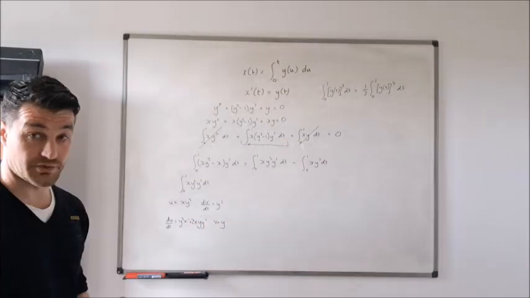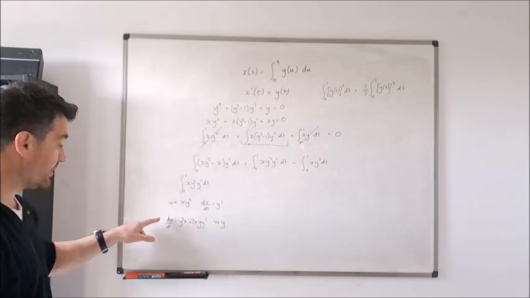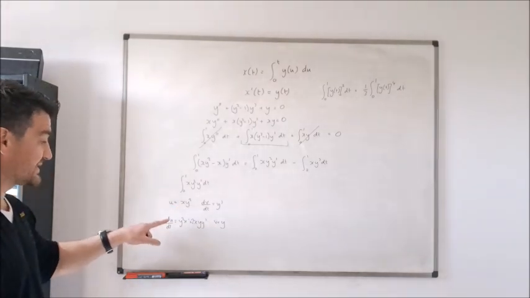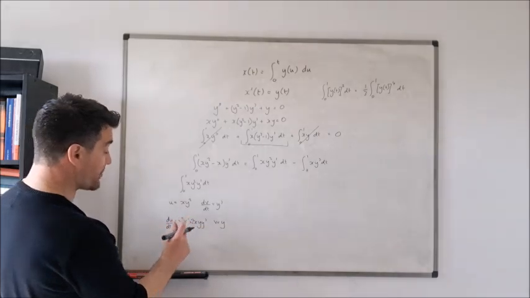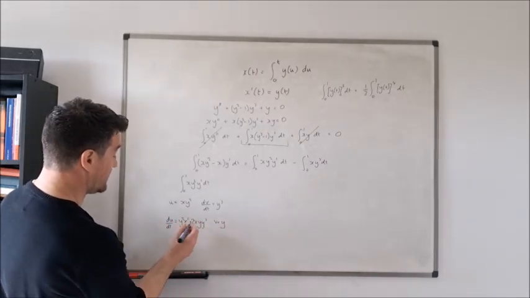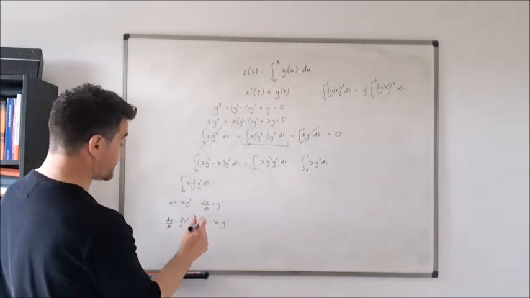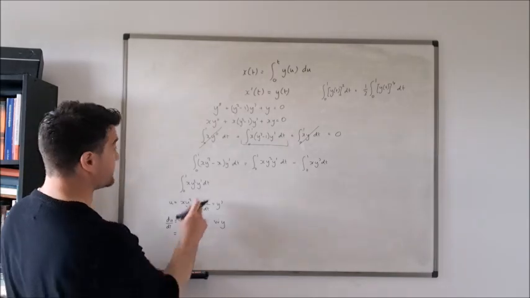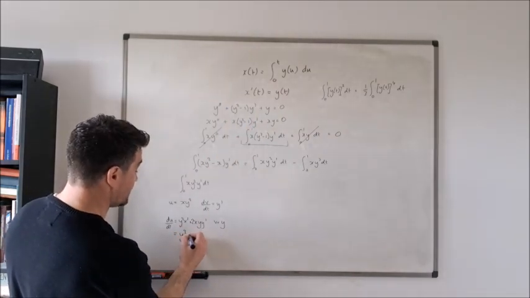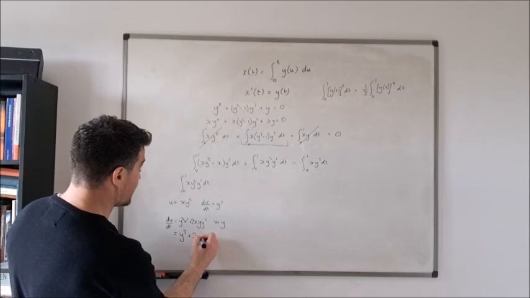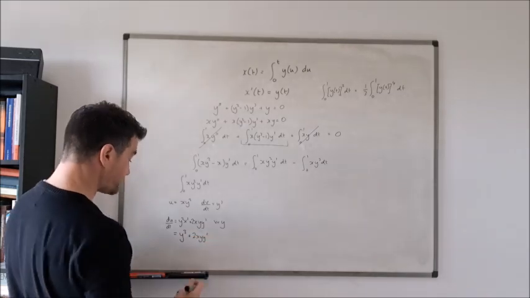Okay, so I've used the product rule here. And remember, we're differentiating with respect to t. So just to clarify, this is y squared x primed plus 2xy times y primed, which in turn is equal to, because I know that x primed is y, y cubed plus 2xy y primed.